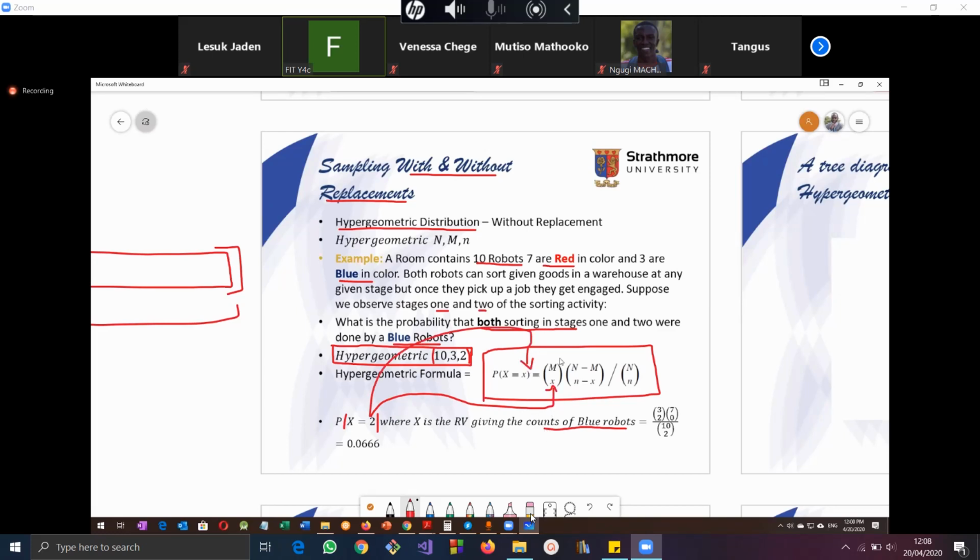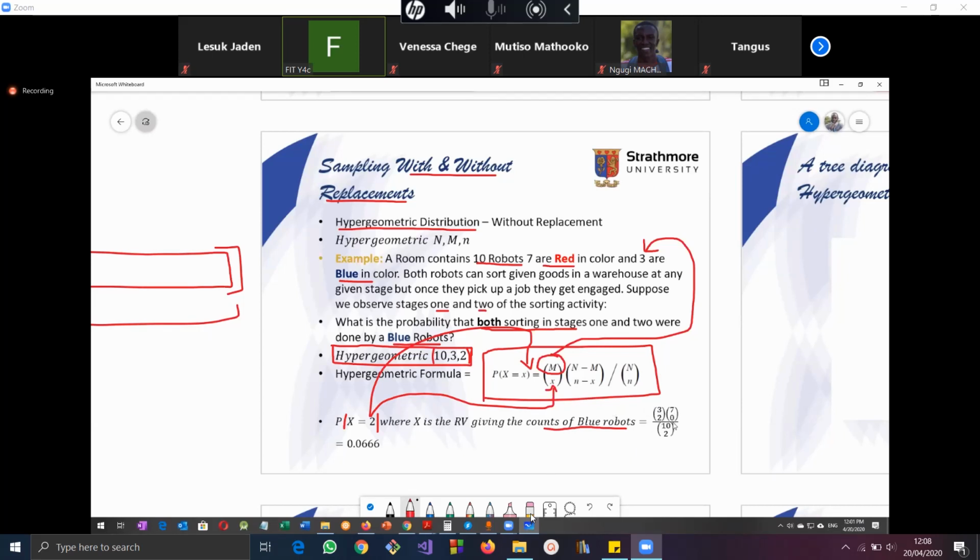Then these are just a series of factorial definitions. We have m here. What does m tell us in a hypergeometric distribution? You see you're looking for blue robots. So m is the number of blue robots in the total population. There are actually 3. This is how hypergeometric defines it.